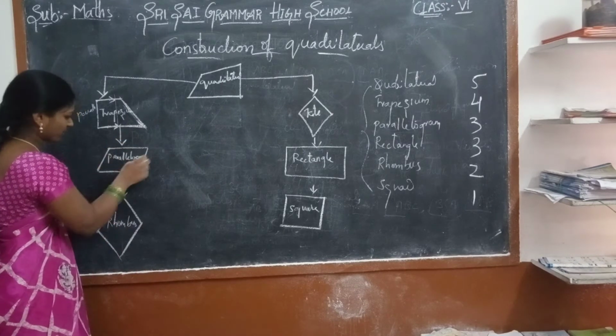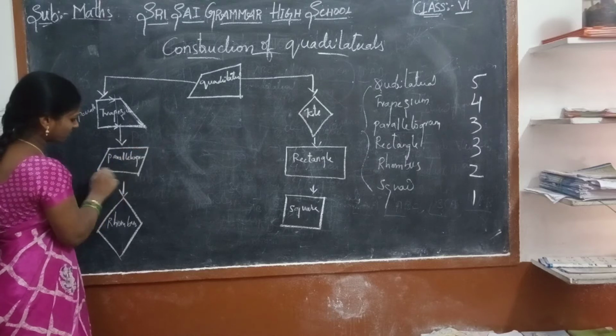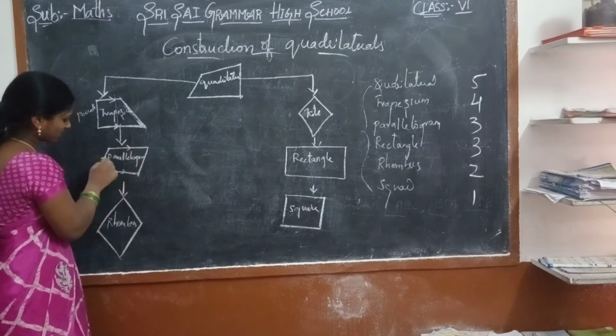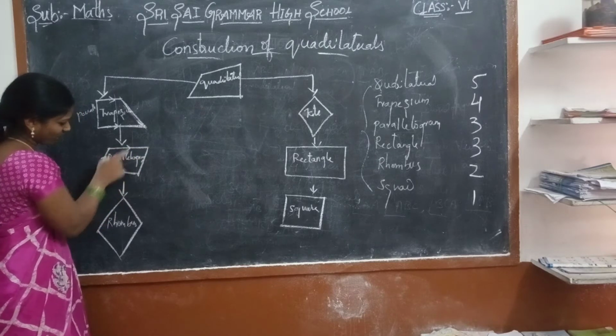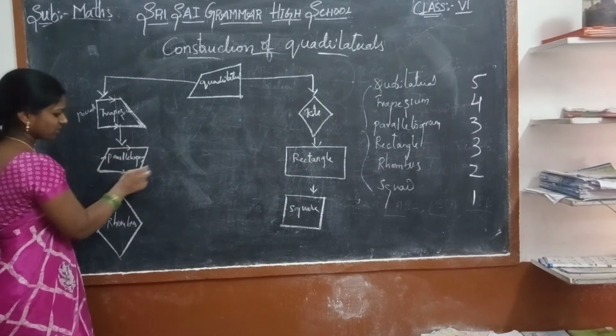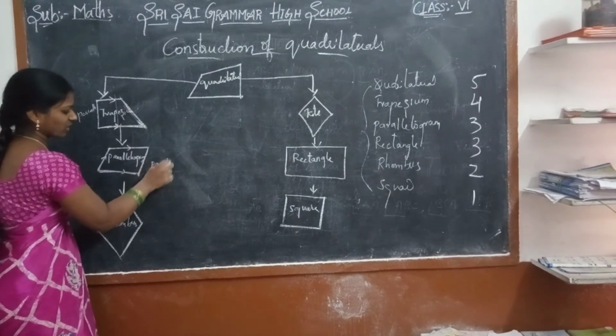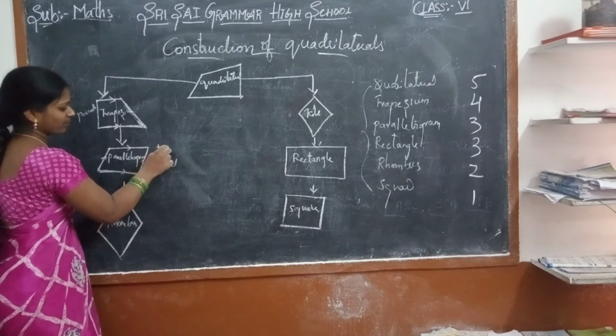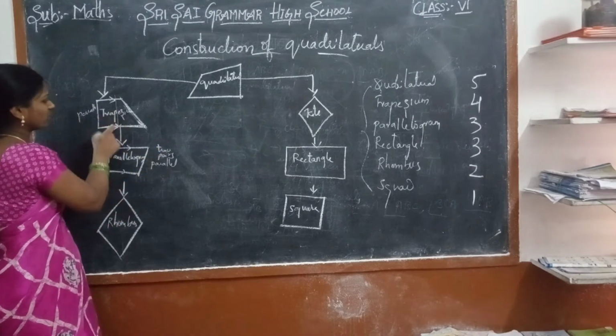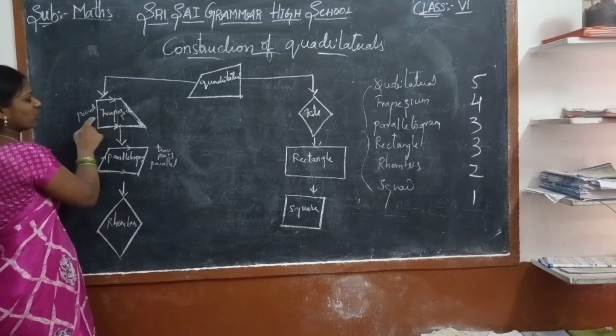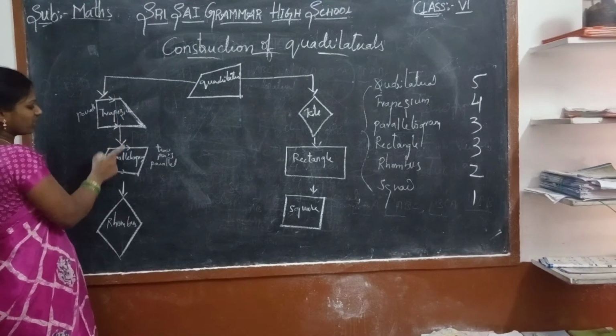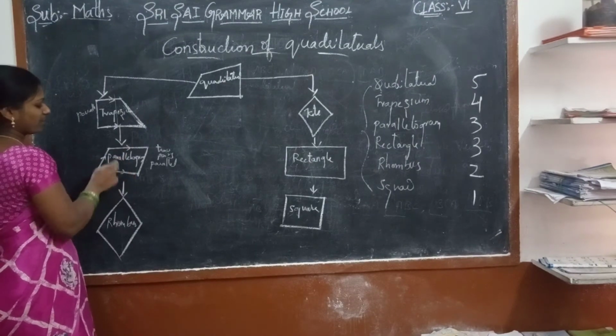We can see these two pairs, up and down, are parallel. Here only one pair is parallel, but in these, all opposite lines are parallel.